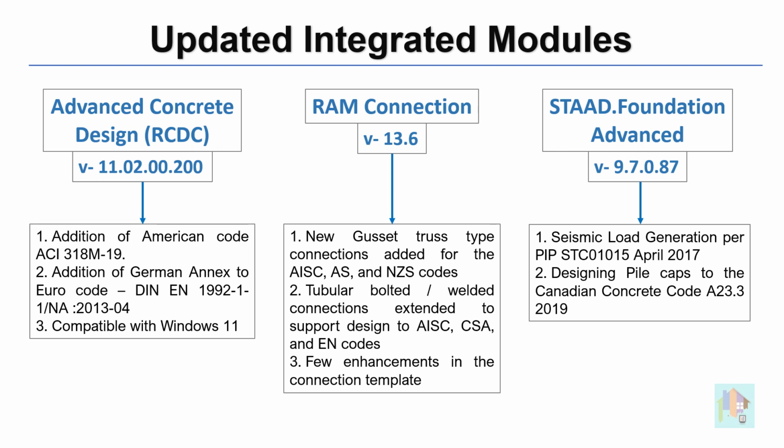RCDC module now supports ACI 318 2019 code for member design. German National Annex for Euro code is also available. If you update your STAAD version to the latest, all these modules will be automatically updated to the latest version. No additional installation is required.